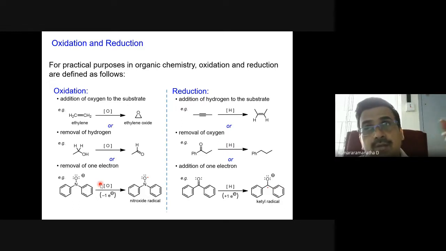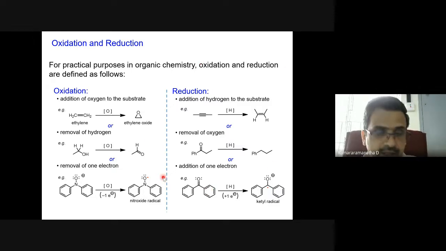We have applied electrochemistry principles, general chemistry principles, to make it radical formation versus removal of hydrogen and oxidation. So these three you can consider as oxidation. The exact opposite: add hydrogen to saturate, remove oxygen, and add an electron. So this is the extreme.